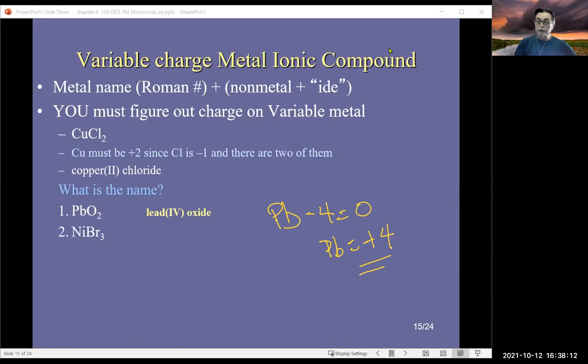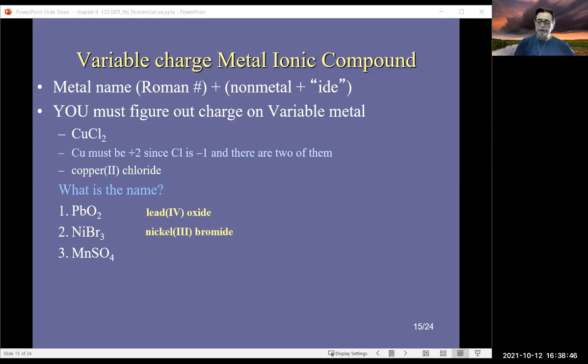Okay, nickel is not part of the 16, it has variable oxidation. The bromides each we know are -1. There are 3 of them, and so we got nickel minus 3 equals 0. That means that nickel is equal to a +3. So we'd be using nickel, Roman numeral 3, to name that particular compound.